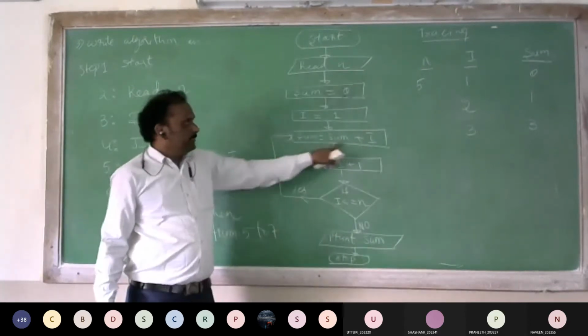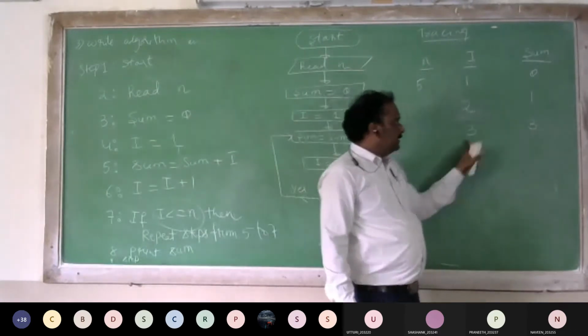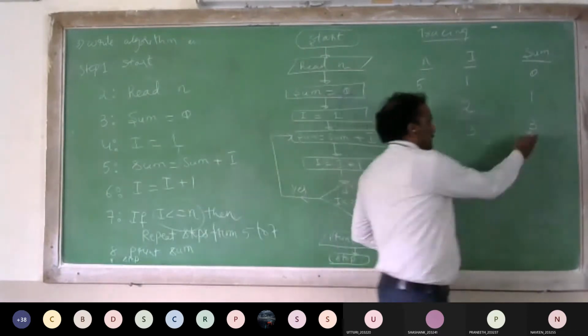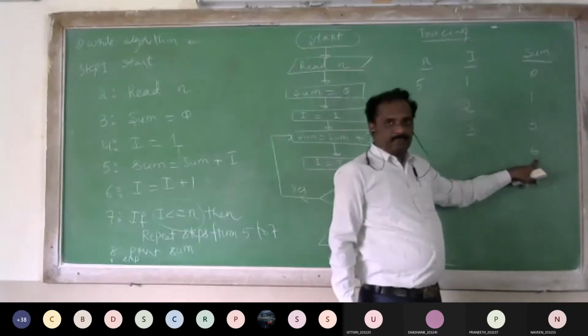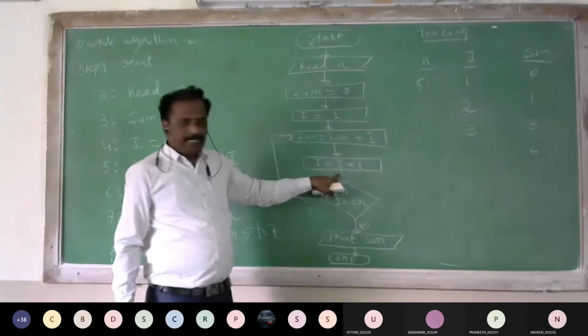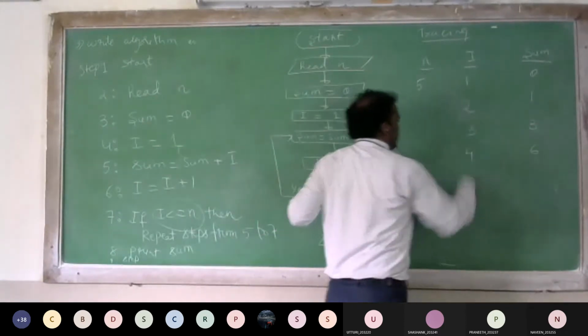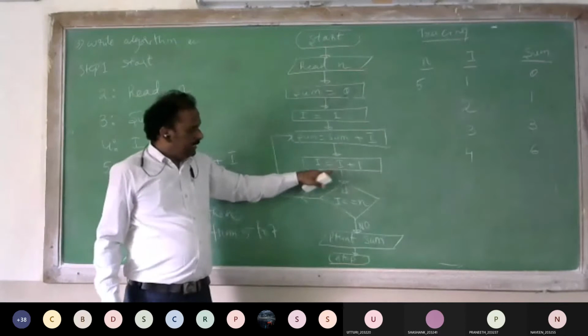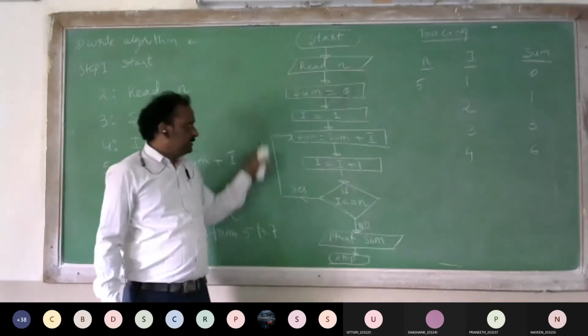Yes. Then sum is equal to sum plus I. Now sum is 3. Add the third number. 3 plus 3 is 6. Now the sum value will change to 6. Then I is equal to I plus 1. Get the next number. 3 plus 1 is 4. Again check whether 4 is less than or equal to 5. Yes.